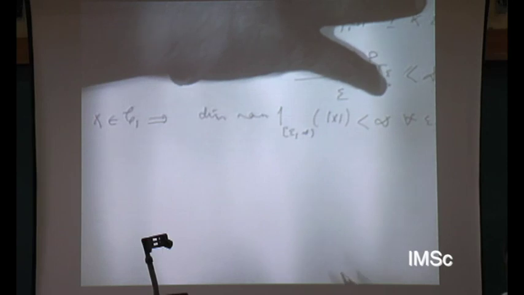So each of these things has finite dimension. Now these projections are all in the von Neumann algebra generated by mod x, so they will commute with mod x.